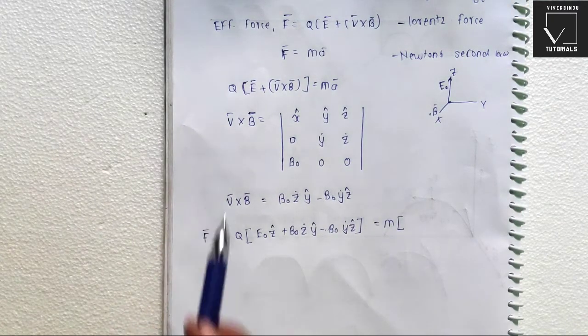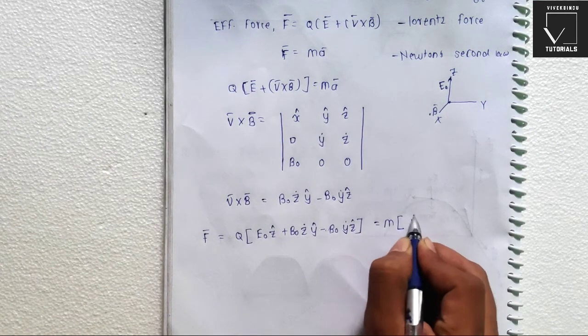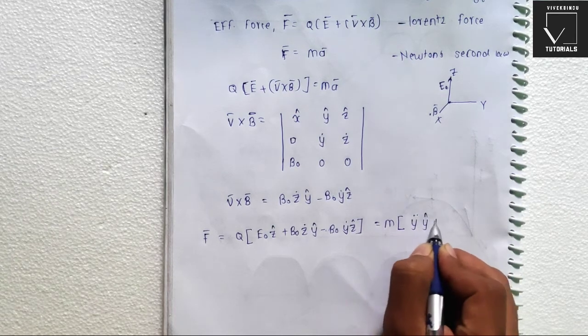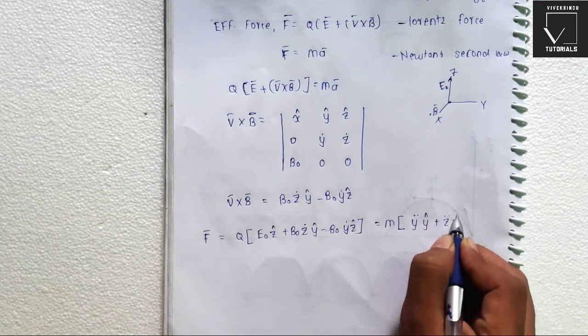The acceleration components are y double dot and z double dot, so we can write it as y double dot y cap plus z double dot z cap.